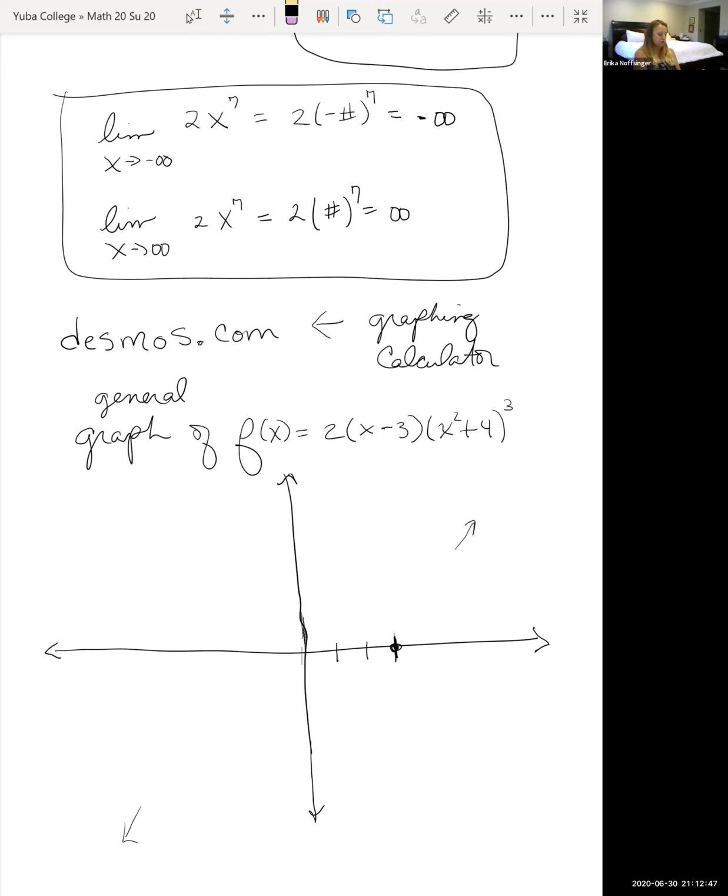So 4 cubed is 64 times my negative 3 out front times the 2. And so that gives me a y-intercept at negative 384. So f of 0, if I did this right, is negative 384.